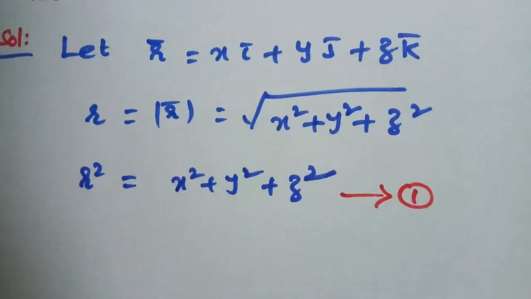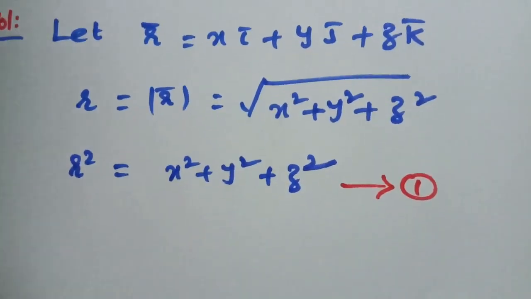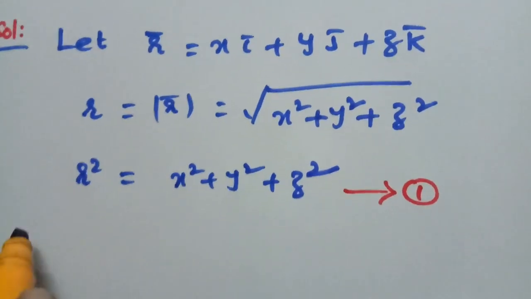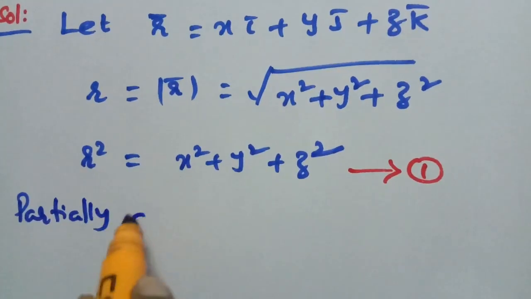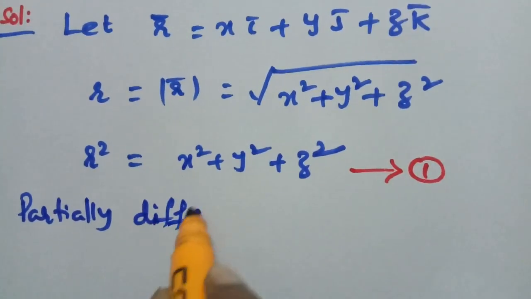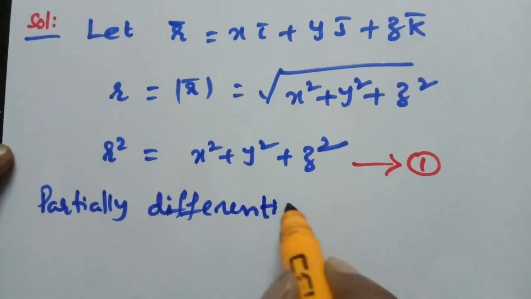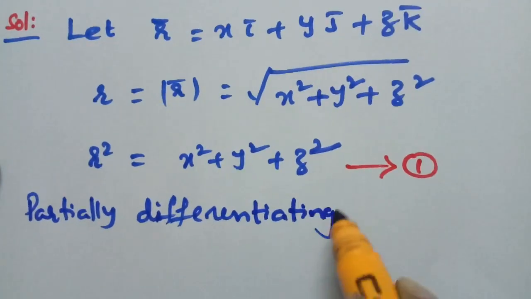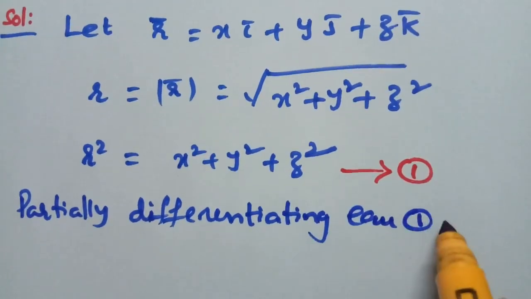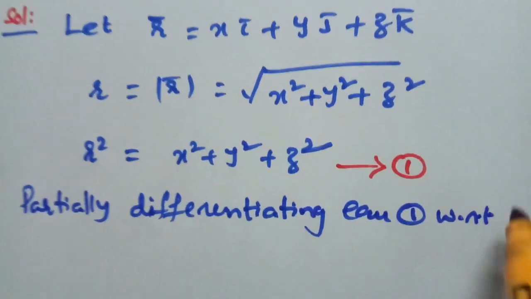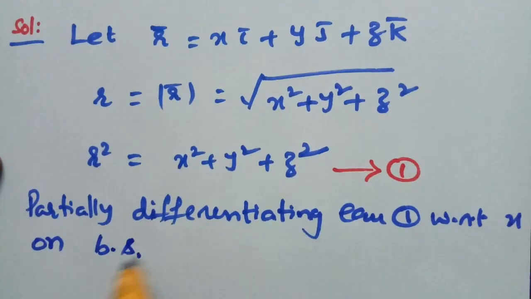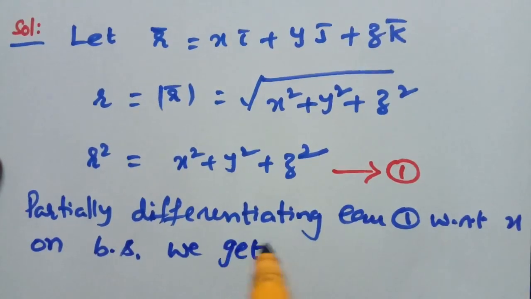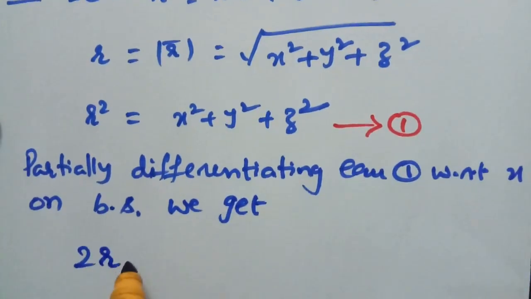Same steps as we explained in the previous problems. Partially differentiating equation 1 with respect to x on both sides, we get r square derivative is 2r.